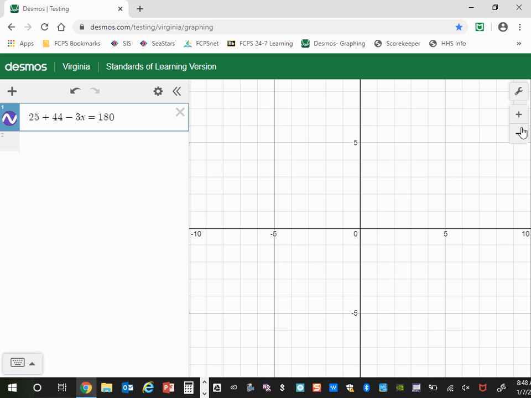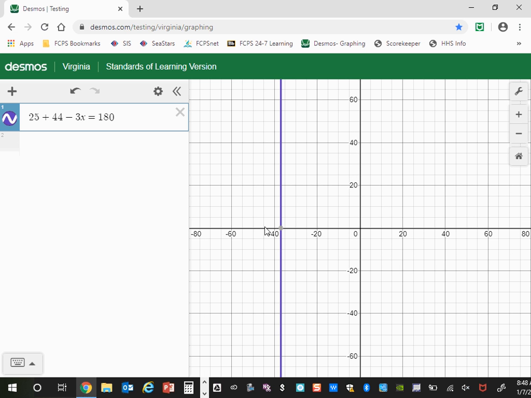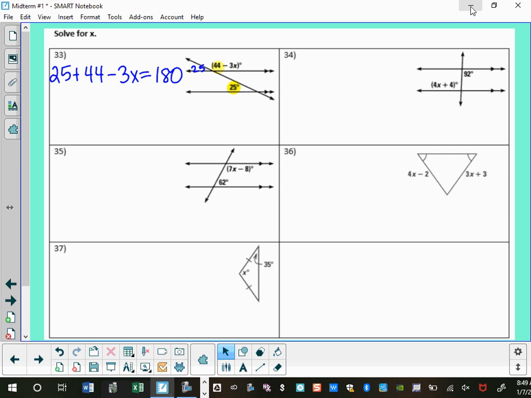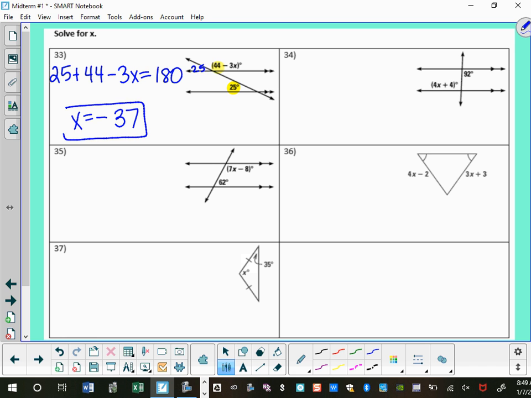You may have to zoom out to see your answer. What'd you get, Max? Good. Your answer should be negative 37. I zoomed out just enough to see my graph, and it shows me negative 37. So x equals negative 37.